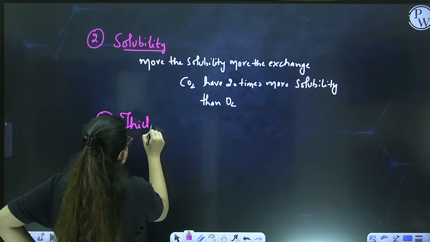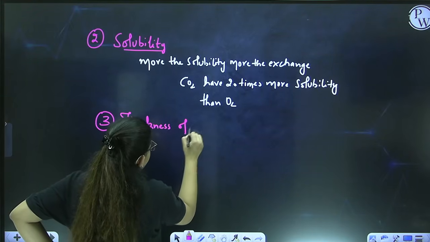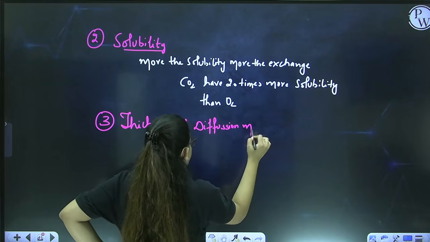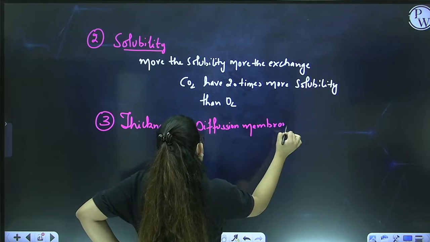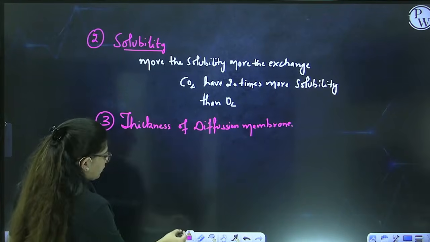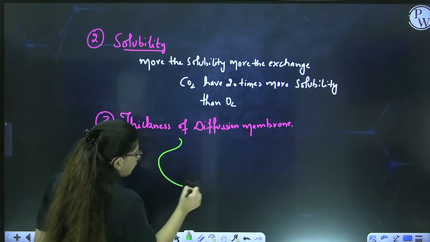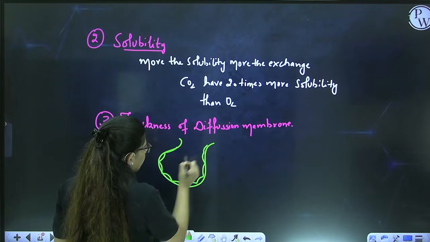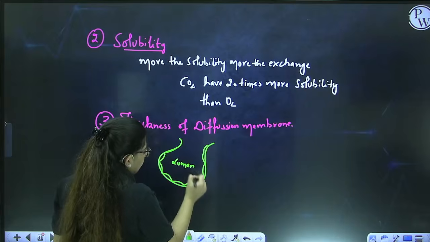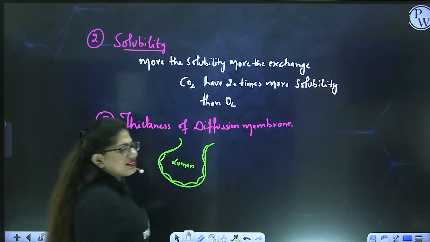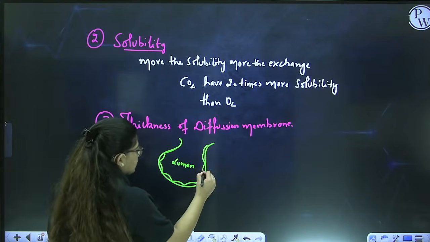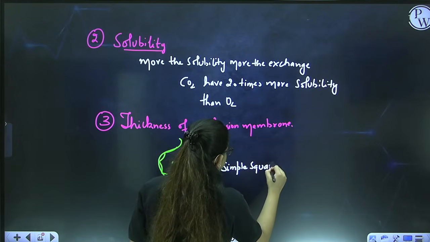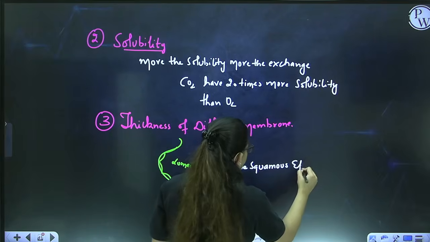Thickness of diffusion membrane. Now, what is this diffusion membrane? Let's see. If this is the alveoli, this is the simple squamous epithelium of alveoli, and this is the lumen. And as you know, every epithelial cell has connective tissue with it.